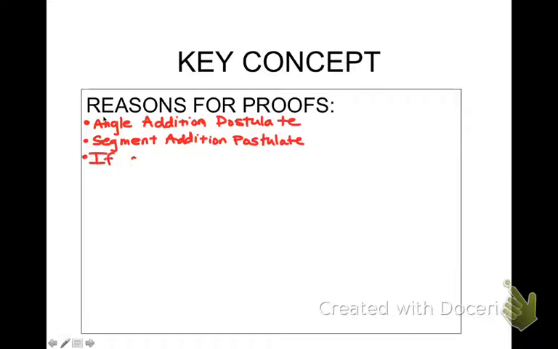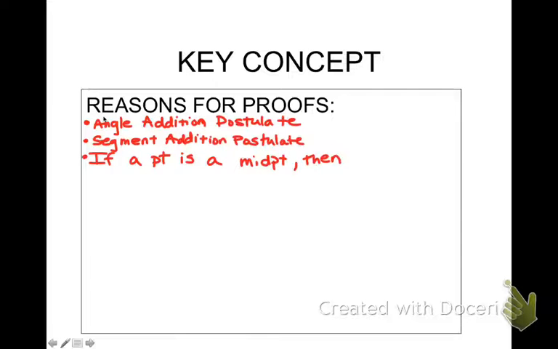If a point is a midpoint. Is everybody okay with me abbreviating PT for point? So if a point is a midpoint, what happens? What's the conclusion? It's in the middle of the line. More specifically, it divides the line into two.